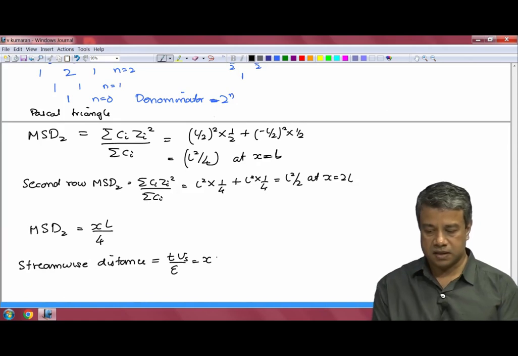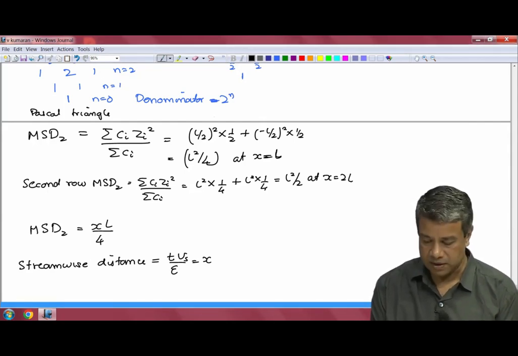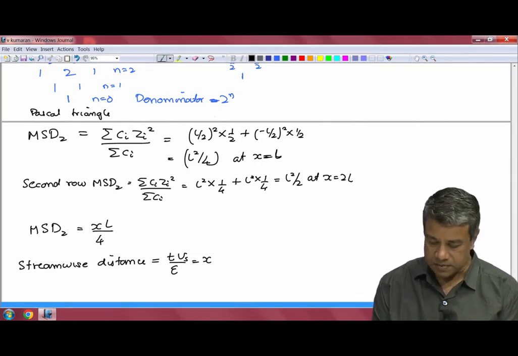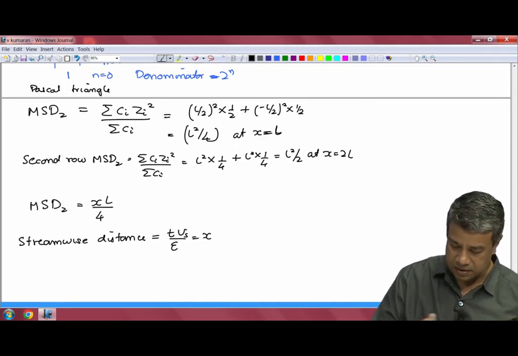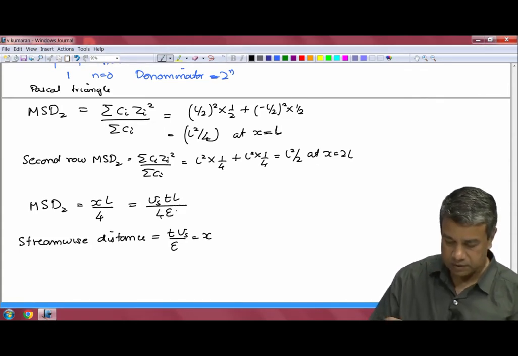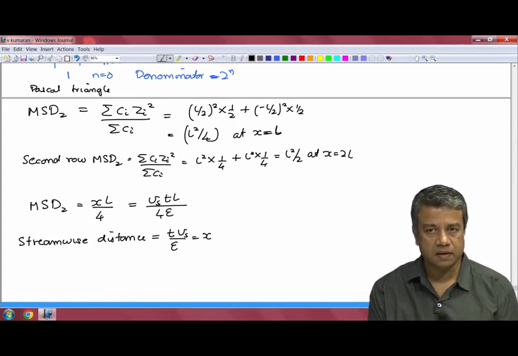That streamwise distance is equal to the velocity times time. So, it is equal to Vs by epsilon, which is the velocity through the porous medium, times t, that is equal to x. So, substituting for that into this expression, I get this mean square displacement is equal to Vs t L by 4 epsilon, if it is expressed in terms of the total time taken.